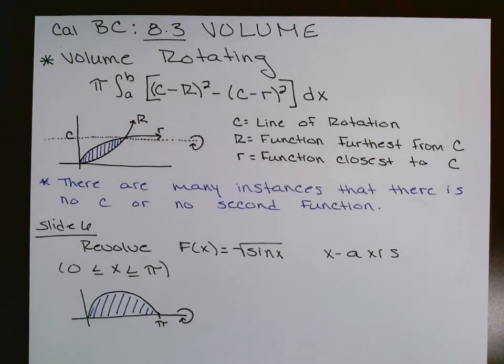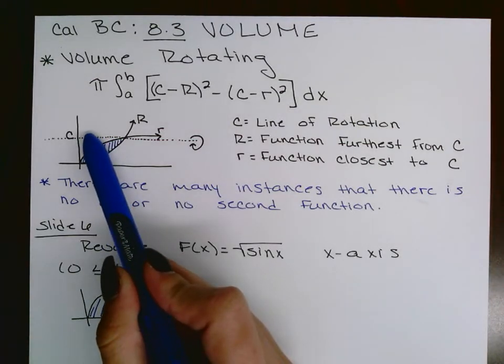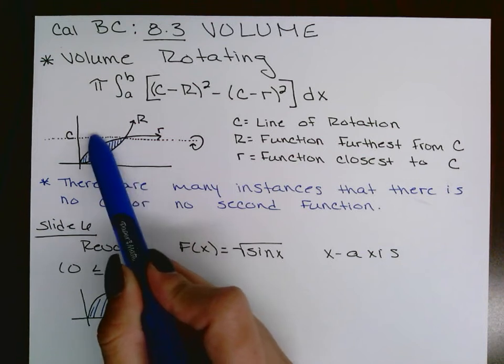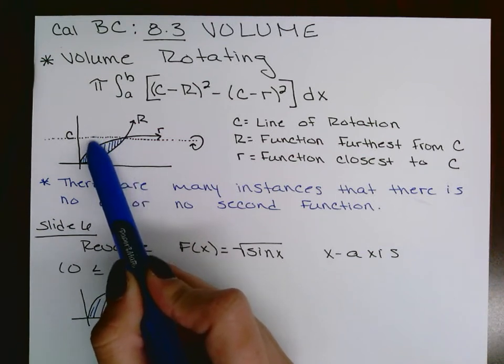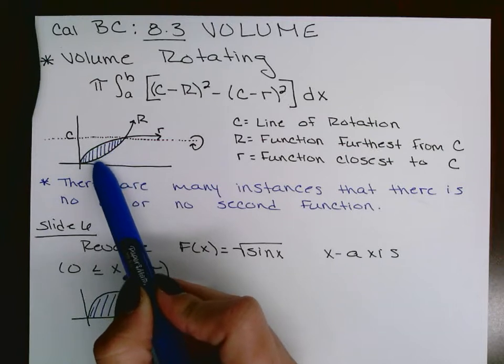They are r's because it represents radius, okay? So looking back up here, if I follow a radius from that dotted line C over to the function, the closer one, the smaller radius, represents the lowercase r. So that would be the function closest to C. And then if you draw the line to the further radius, the longer radius, which is why it's a capital R, that would be the function furthest from C.